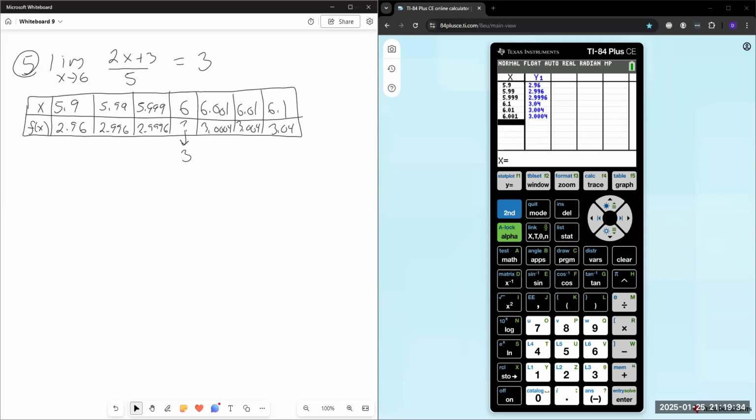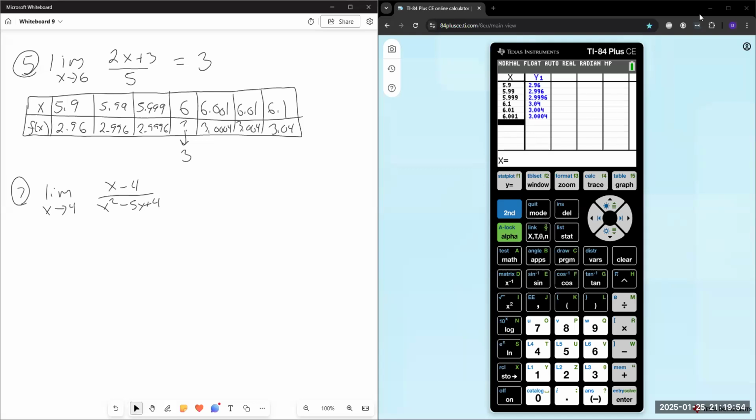Number 7 says the limit as x approaches 4 of (x minus 4) over (x squared minus 5x plus 4).